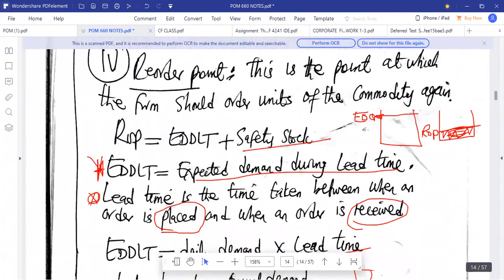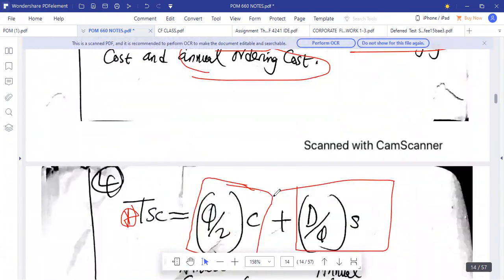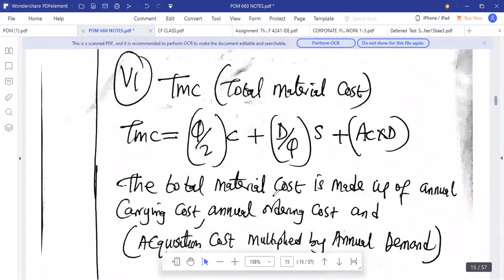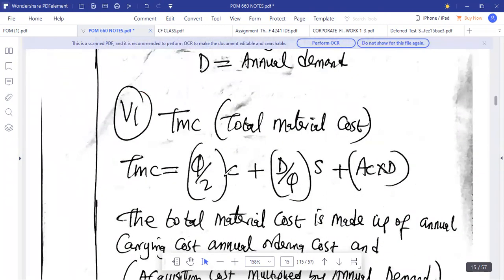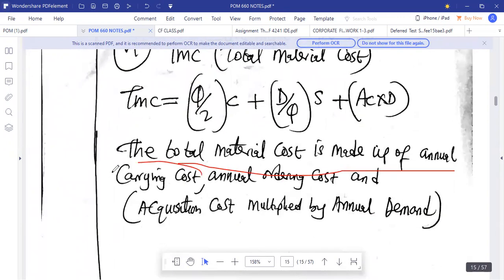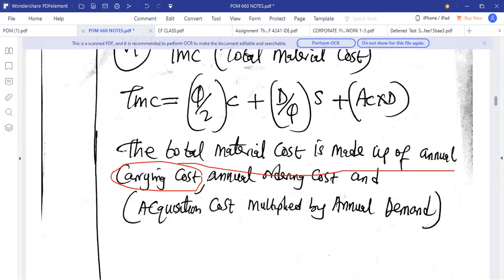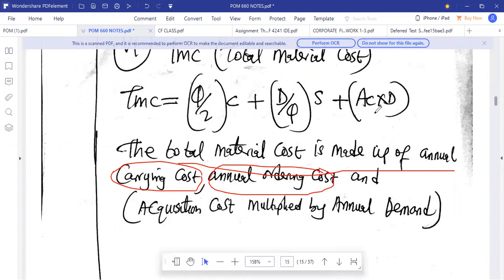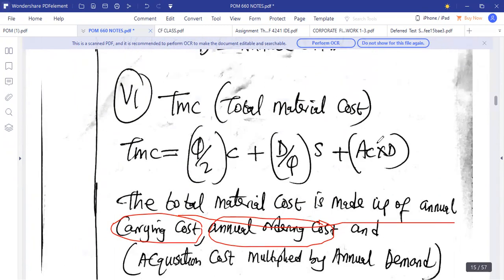Then we get into the last item that we're supposed to look at, which is total material cost. This total material cost is made up of annual carrying cost, also our annual ordering cost, and the last one is acquisition cost multiplied by annual demand.